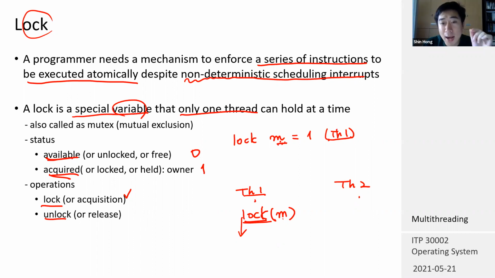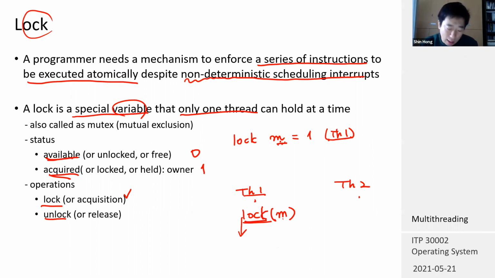So this behavior cannot be implemented by the ordinary read and write operations that we know. Why? Because with ordinary instructions, we have no guarantee that a series of instructions is executed atomically. But the lock operation is designed intentionally to execute all those steps in an atomic manner, so that we can use this instruction to provide mutual exclusion.